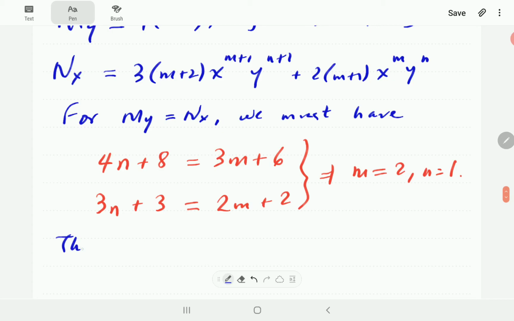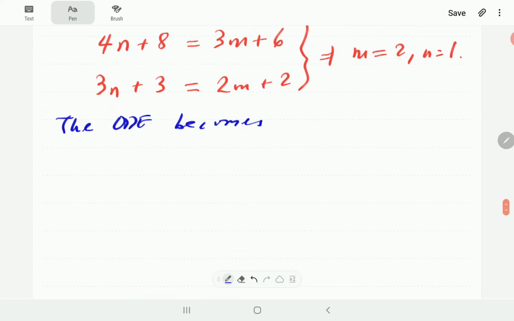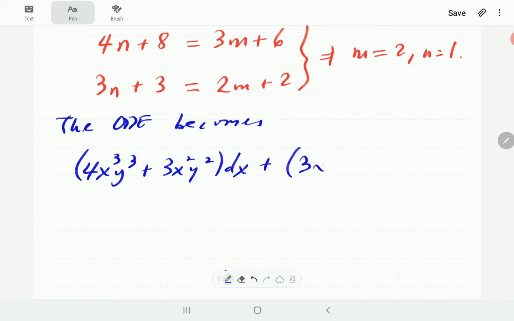Okay, so if we go back to this ODE, the ODE is going to become (4x^3 y^3 + 3x^2 y^2) dx + (3x^4 y^2 + 2x^3 y) dy equal to 0.